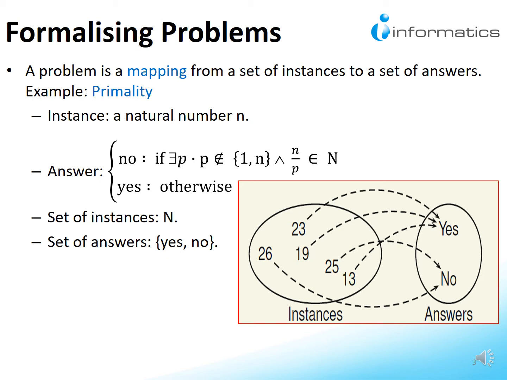For example, if n equals 26, then we can find a p which is 2, which is not equal to 1 or 26, and 2 divides 26 perfectly. So in this case, it is not a prime number, the output should be no, otherwise it's yes.